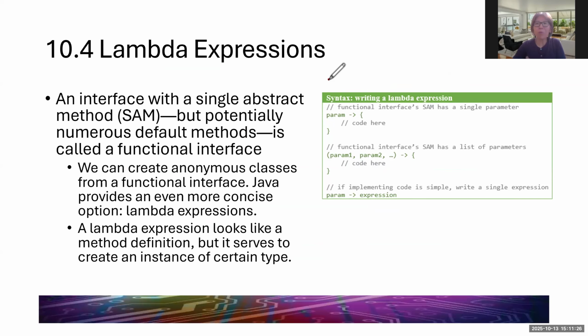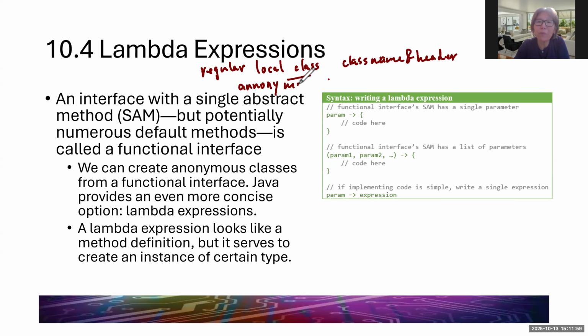So we already see an anonymous class is kind of concise compared with the regular local class. Because a regular local class needs to have the class name and header.